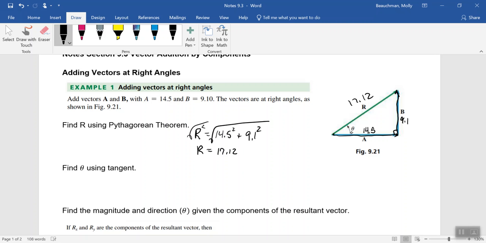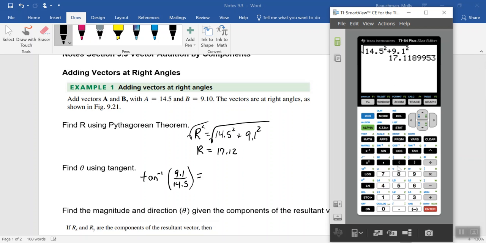We want to find the angle, so we need both direction and magnitude. To find that angle, we're in the right triangle, we're given the opposite and adjacent side. So we're going to use the inverse tangent of opposite over adjacent, 9.1 over 14.5, and that's going to tell us our angle.